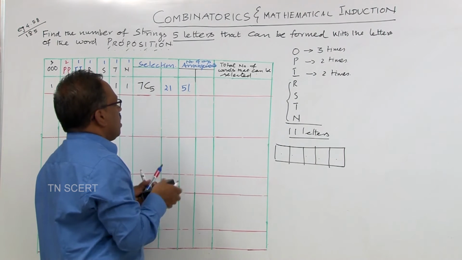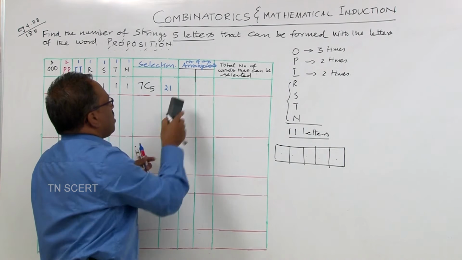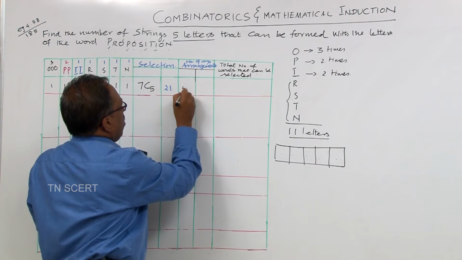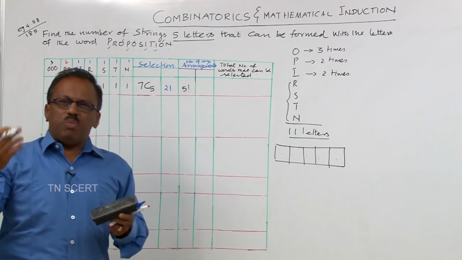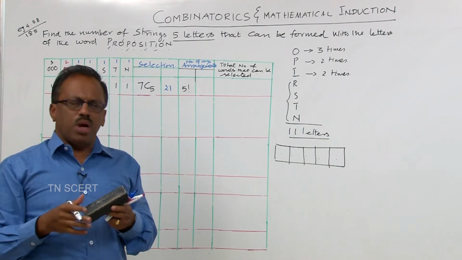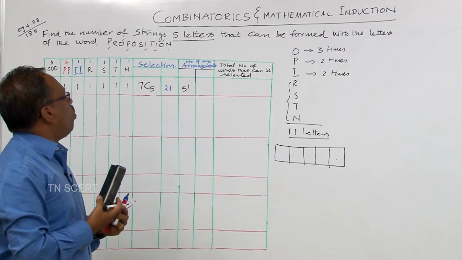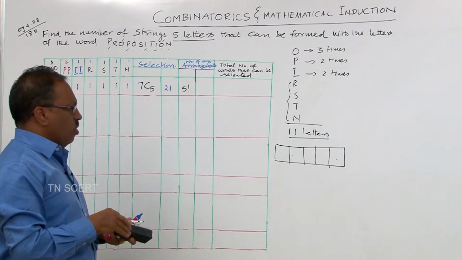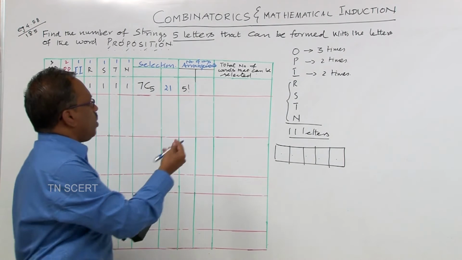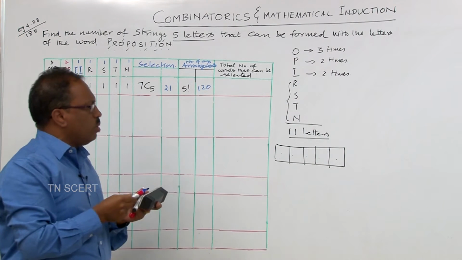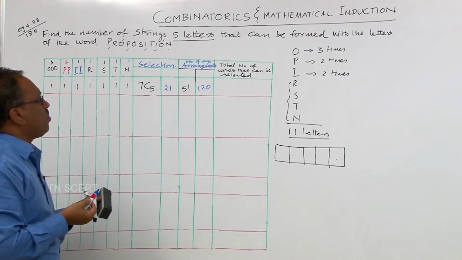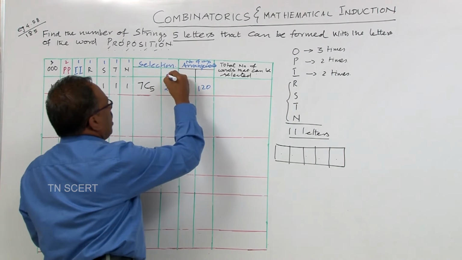Here, how many words? It is 5 factorial. What is the value of 5 factorial? Because it may be repeated or non-repeated, that doesn't matter. We wish to know the value. So 5 factorial is nothing but 120, you know. I don't want to repeat that because you know the process. So what is the selection here?